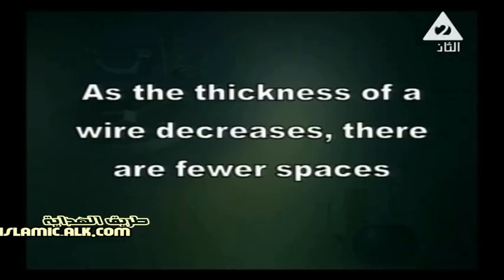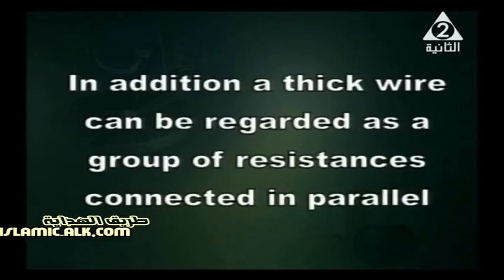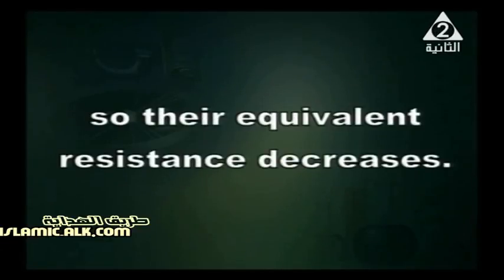As the thickness of a wire decreases, there are fewer spaces between atoms in the cross-section through which electrons can travel. In addition, a thick wire can be regarded as a group of thin wires connected in parallel. So their equivalent resistance decreases.